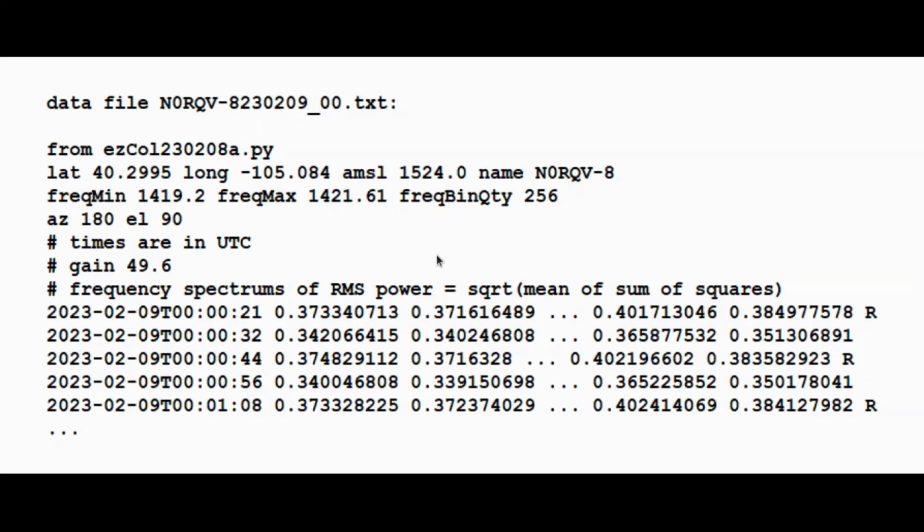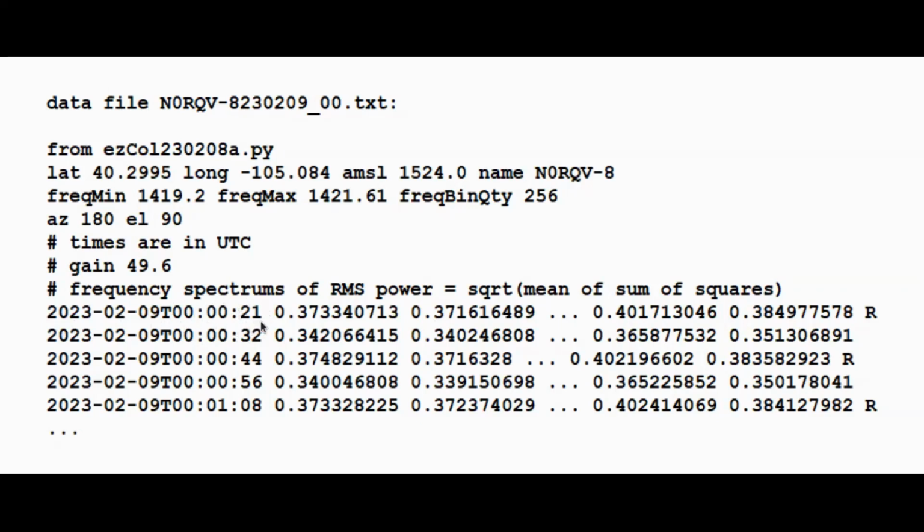Then there's samples, lots of them. In this case, there are about 900 of them. There can be thousands and more. Each one is a very long line. It starts with this kind of time format. Here's the year, the month, and the day, followed by a T, then the hours, minutes, and seconds.